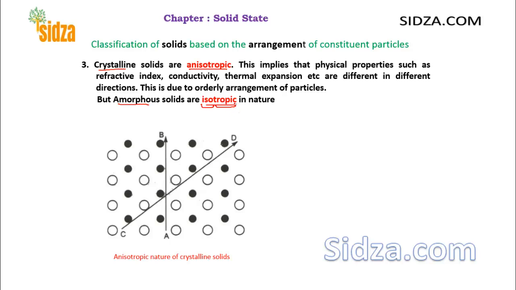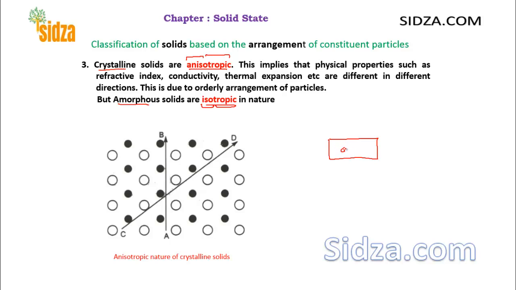Anisotropy means the physical properties are different in different directions. So for crystalline solids, the physical properties are different in different directions. But for an amorphous solid, its physical properties will be the same in all the directions. Like, we can talk about the refractive index.